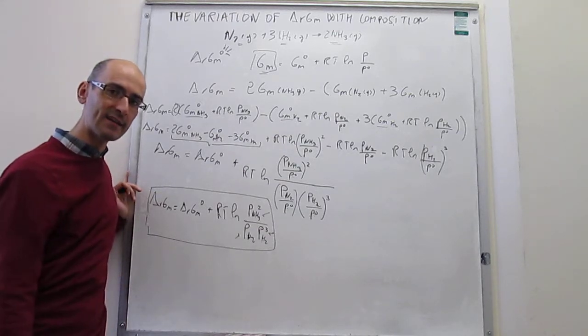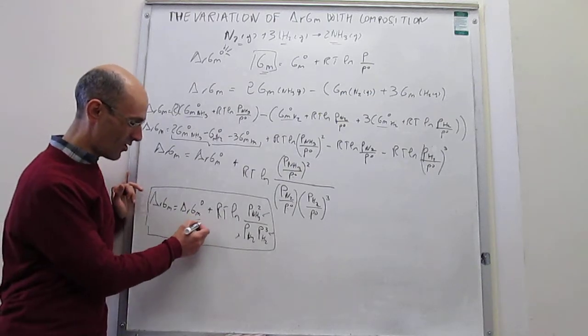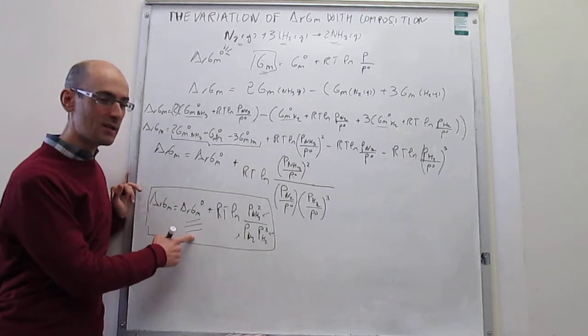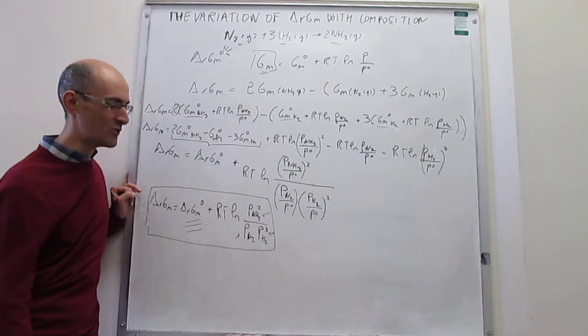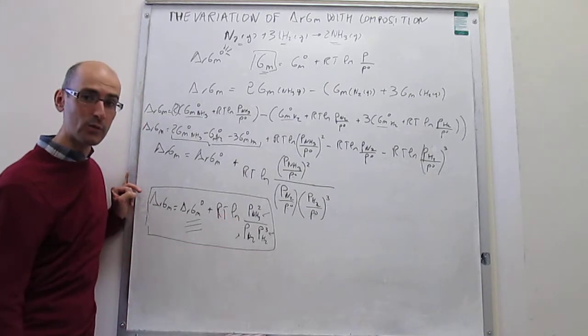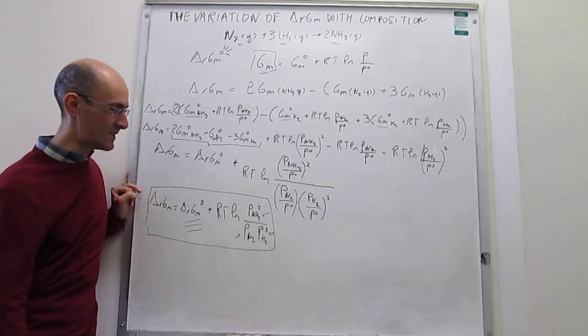Notice that that is a significant step forward in our understanding of the spontaneity of the reaction, because until now we could only use this, which was simply the spontaneity when everybody was under standard conditions, 1 atmosphere of pressure. Now we can actually do this without having that restriction of the standard state.